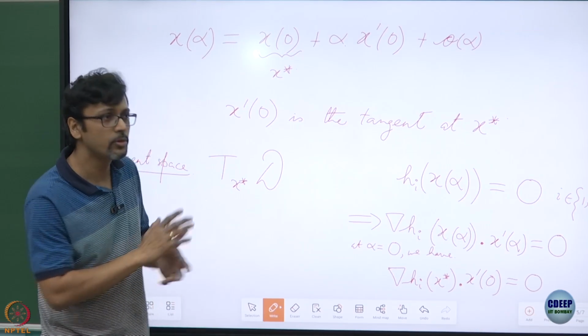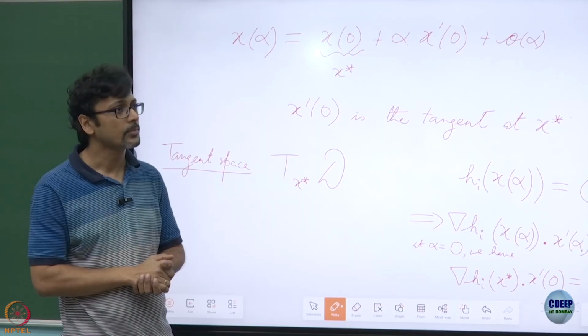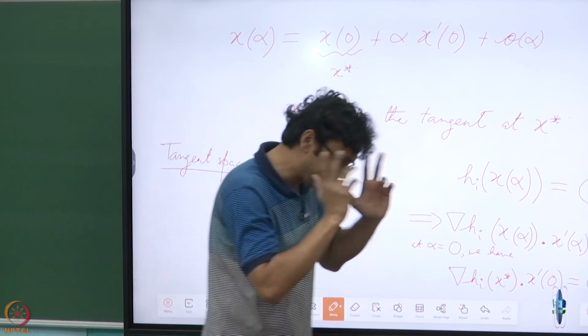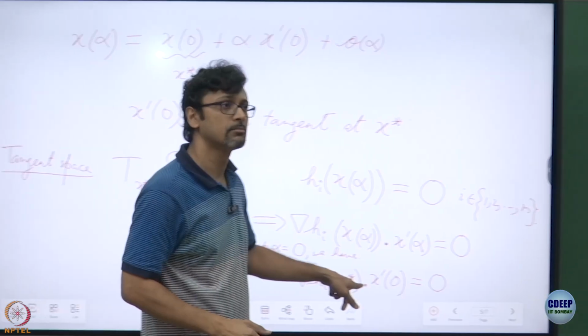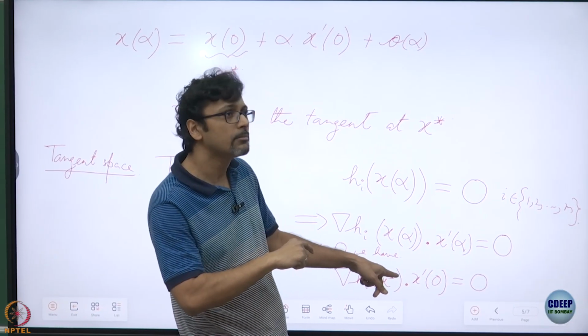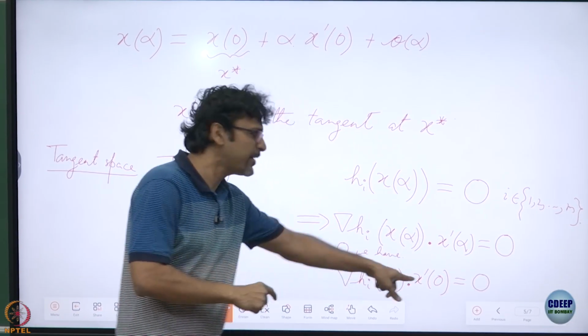What is the converse going to look like? The base statement is any tangent vector must satisfy this. The converse would be any vector that satisfies this condition.